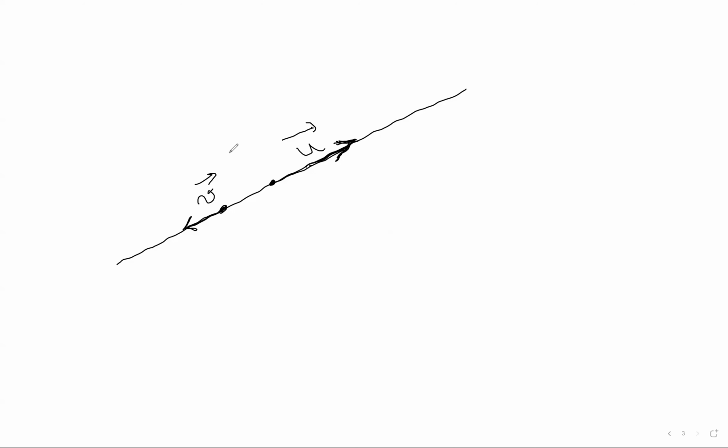Obviously, they don't have the same direction. They have opposite directions. However, these two vectors are still considered parallel. I'll talk about parallel vectors very soon. So these two vectors, they have different directions, although they are considered still parallel.